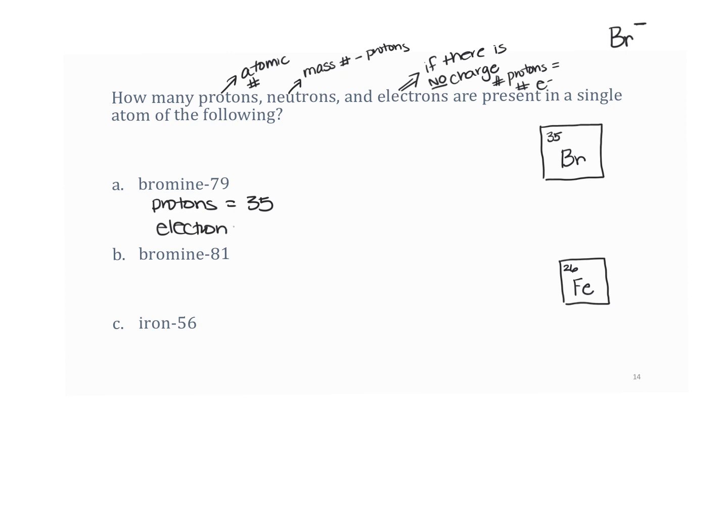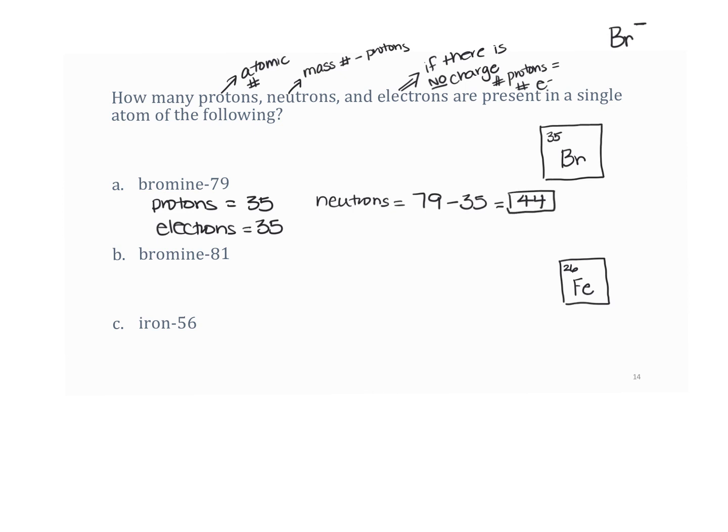My electrons then equal the number of protons. So it's 35. So now I have to find my neutrons. And this is where I have to do a little bit of math. I take my mass number, which is 79, and subtract my number of protons, and that gives me 44, which is my number of neutrons.